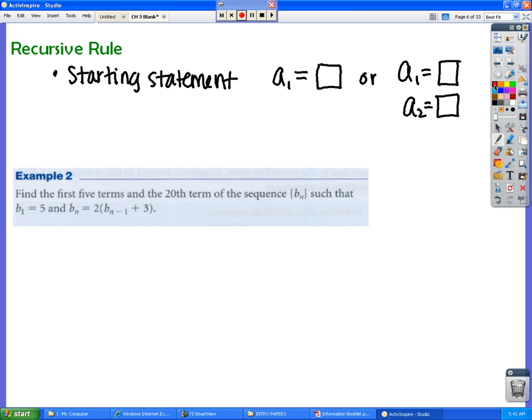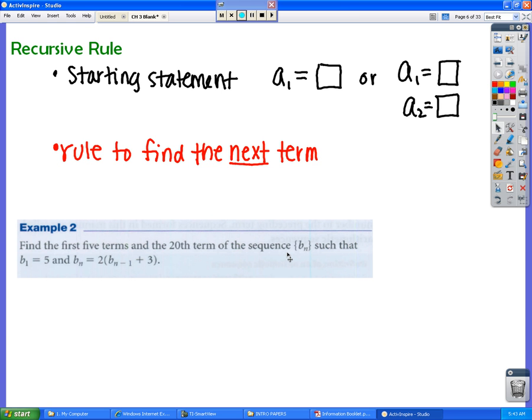Secondly, you need a rule to find the next term. And the next term is really the important thing. What I mean by that is usually you'll have your A1 or your A2, and then you'll have A sub n is equal to some function that has an A sub n minus 1 in it.